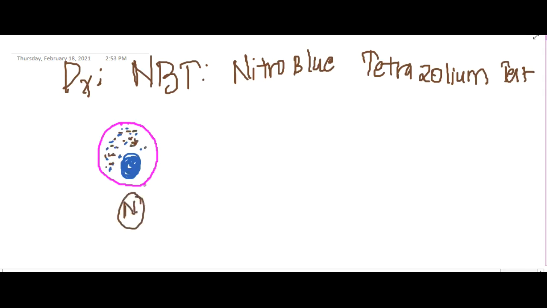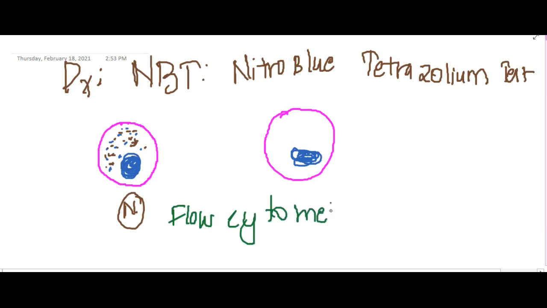So this is normal. But in a patient with chronic granulomatous disease, granules are not seen. This is characteristic of the nitroblue tetrazolium test. Flow cytometry can also be done with the help of the dihydrorhodamine assay.